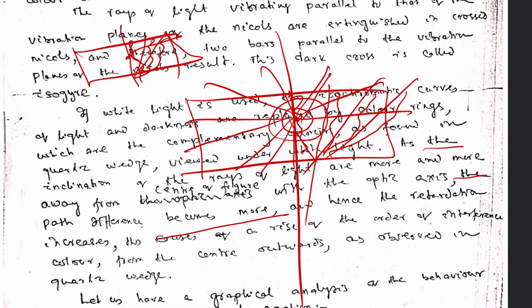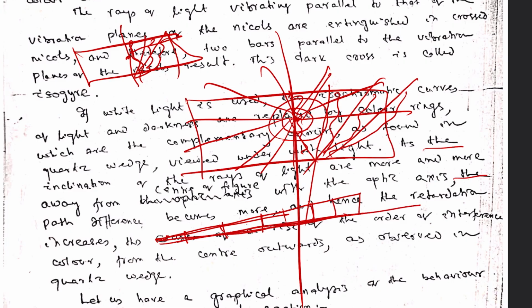The thickness increases depending upon the inclination of the light rays, because the light rays are more and more inclined away from the center. As you move away from the center, the mineral section appears to be thicker, because here the light rays cover very little thickness and here a greater thickness. As you move away from the center, the light rays cover more and more path through the mineral.